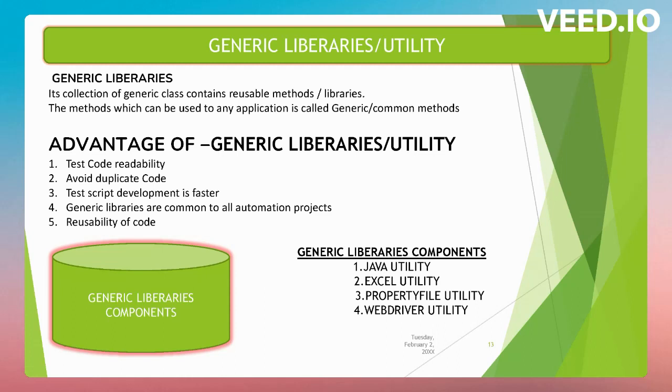In this framework, we make a Java utility package, Excel utility package, property utility, and WebDriver utility, and after that we call that package or class in our script to reduce the code length and hard coding. So that is the generic library utility.